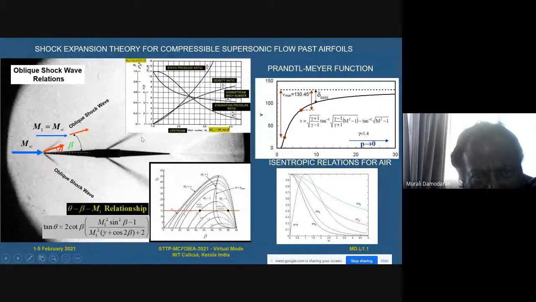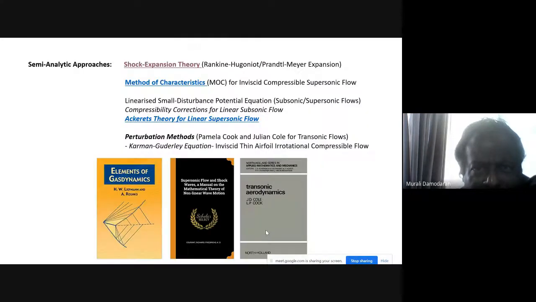And where there are expansion waves, where the flow is expanding over a bump or something, I need to predict the variation of the flow using a Prandtl-Meyer function, and that flow will be considered isentropic. Okay, so this is what stood us in great stead for a long time, semi-analytic.